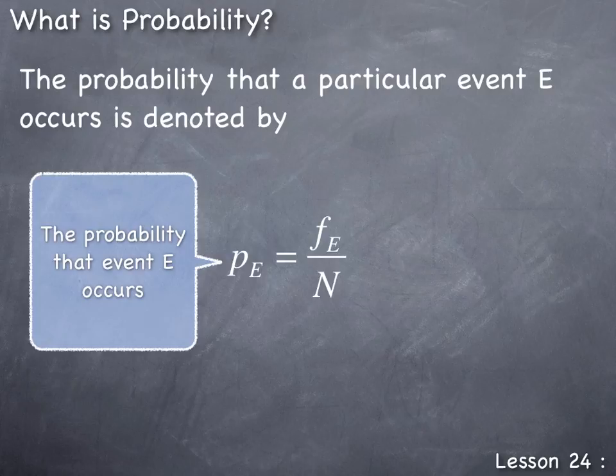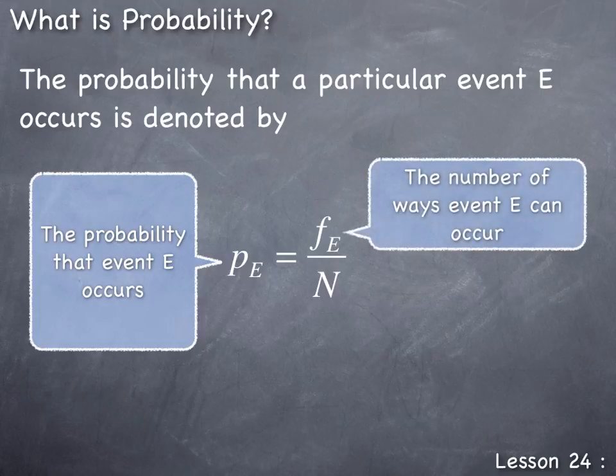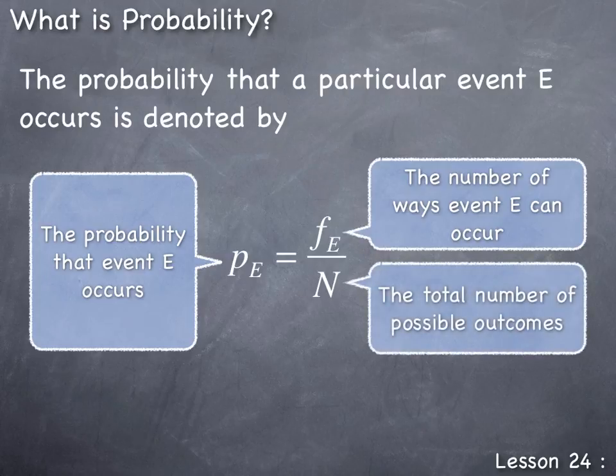That is, it's a relative frequency. Therefore, we have to count f of E, the frequency, or the number of ways the event E can occur, and then we divide it by capital N, which represents the total number of possible outcomes. Taking the number of ways the event can occur and dividing by the total number of possible outcomes gives us our measure of probability that that event will occur.